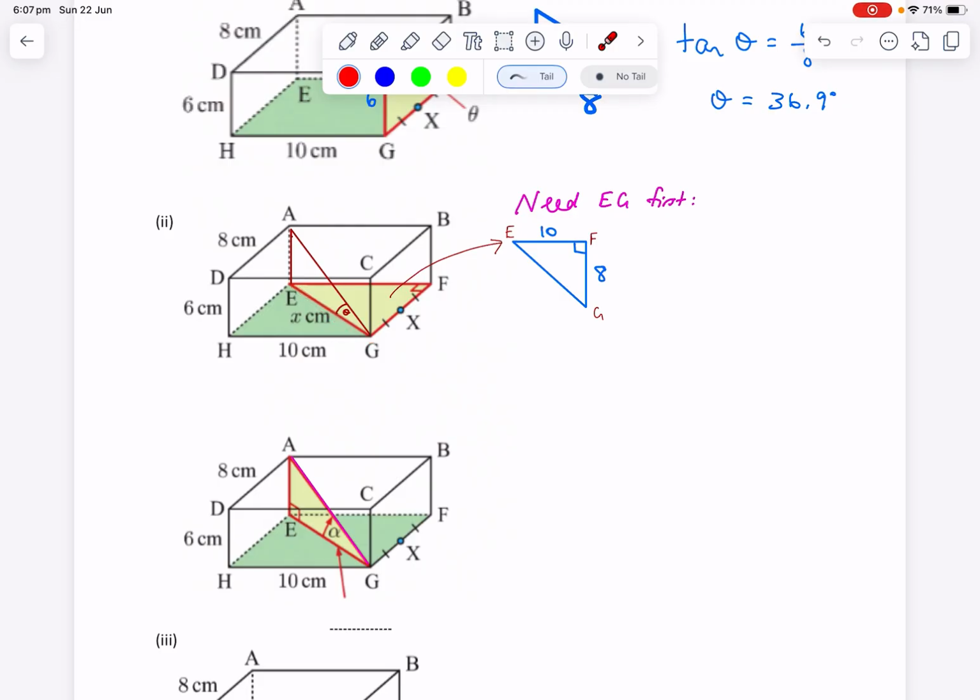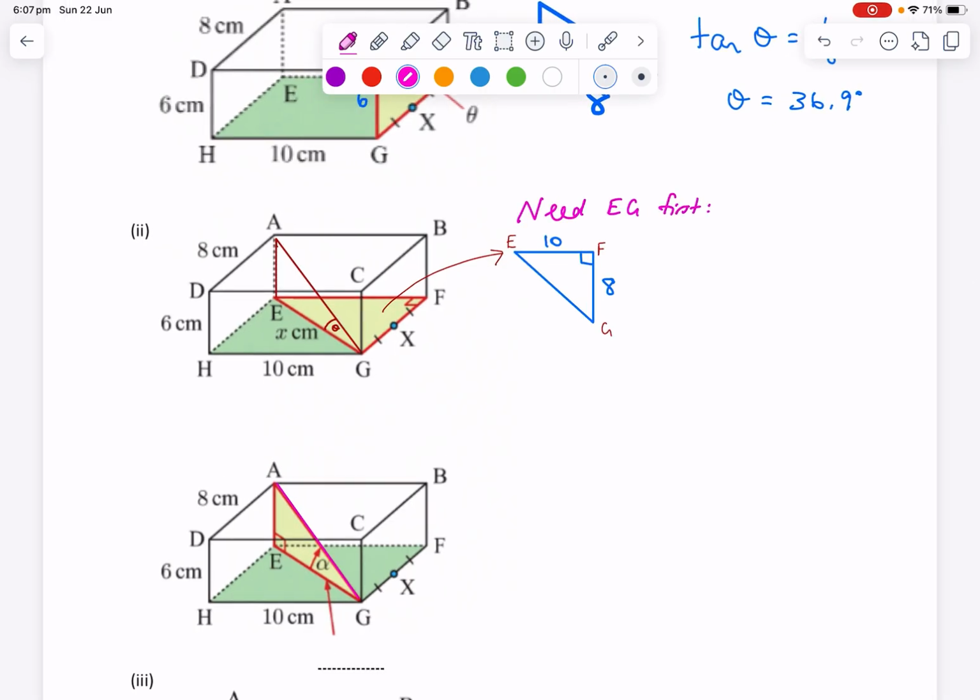Now you can find EG because you've got enough side lengths given, and you can see that EF is 10 because it's the opposite side to that one there. And you can see that GF, or FG, is the same as this side length here, 8.